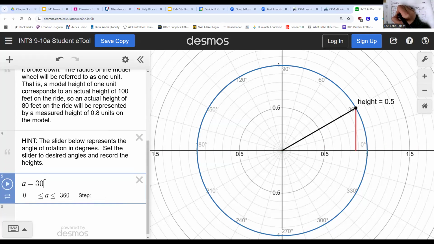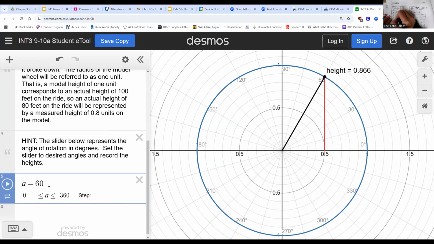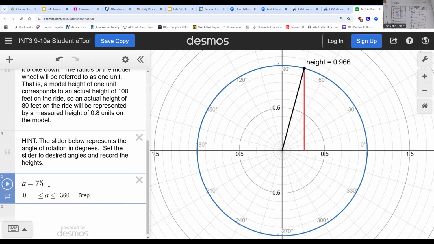So 0.5 and 50. 0.707 and 70.7. 0.866, 86.6. 0.966, 96.6.